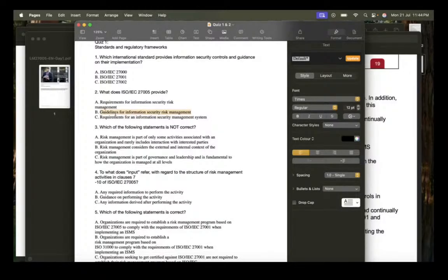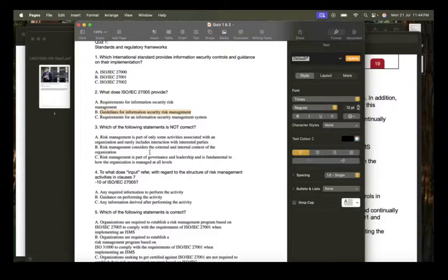Okay, then moving on to the next one. Which of the following statements is not correct out of these three? Maybe you can just go through it. The first one says risk management is a part of only some activities associated with an organization and rarely includes interaction with interested parties.